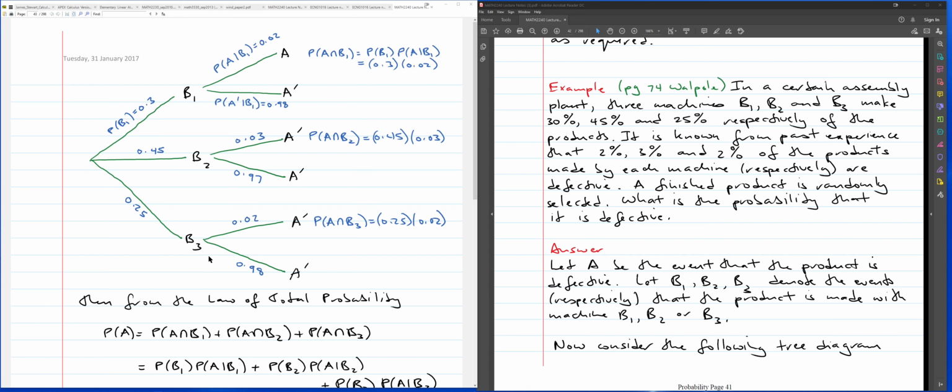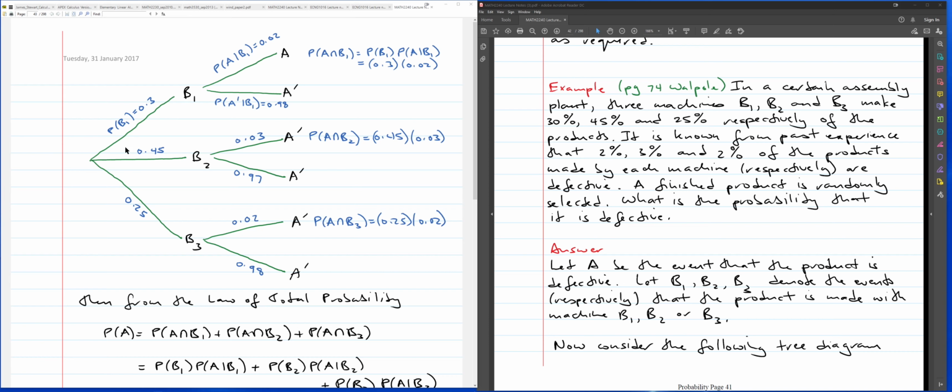And then over here, if it is made by machine B1, then it could be defective, so A is the event of being defective, or it may not be defective, in which case you have A complement, assuming that B1 has already occurred.